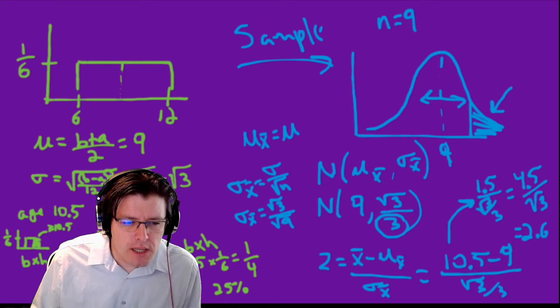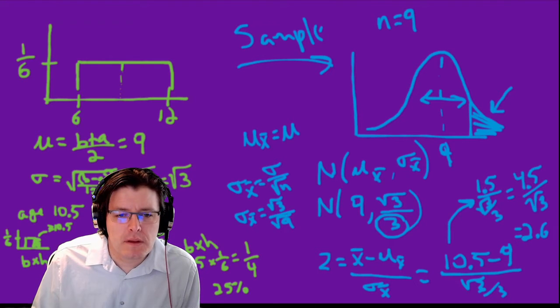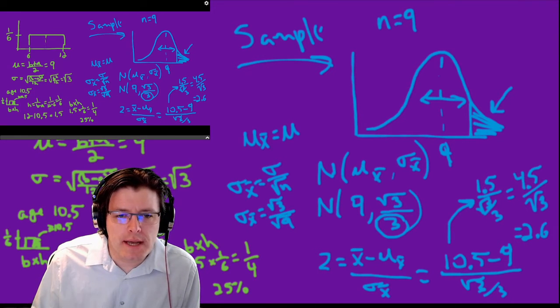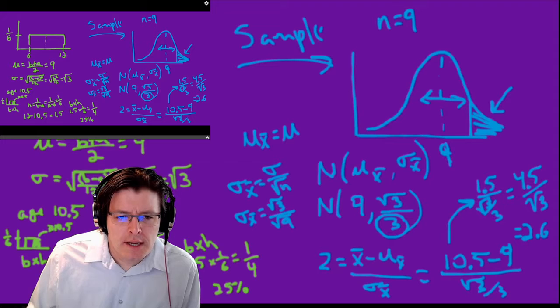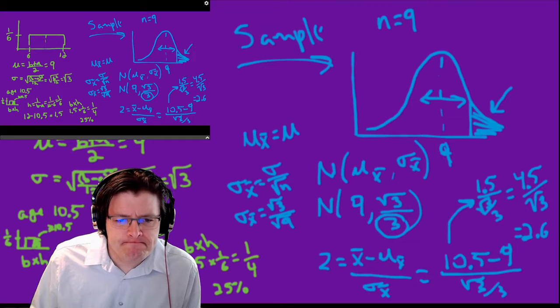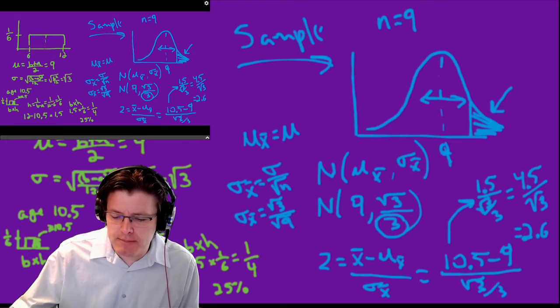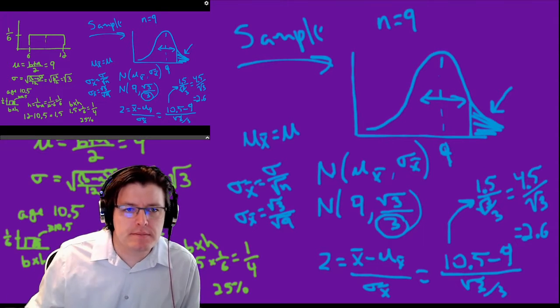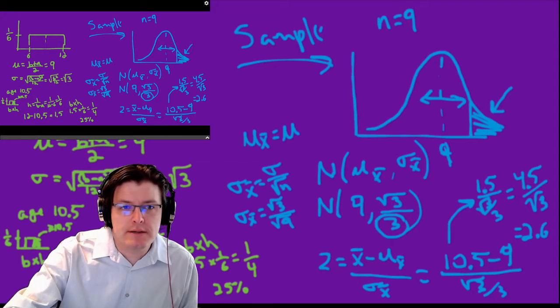Let me pull up, that's not what I want. That's redundant. I was going to pull up the z table, but for some reason they do not want to show that.